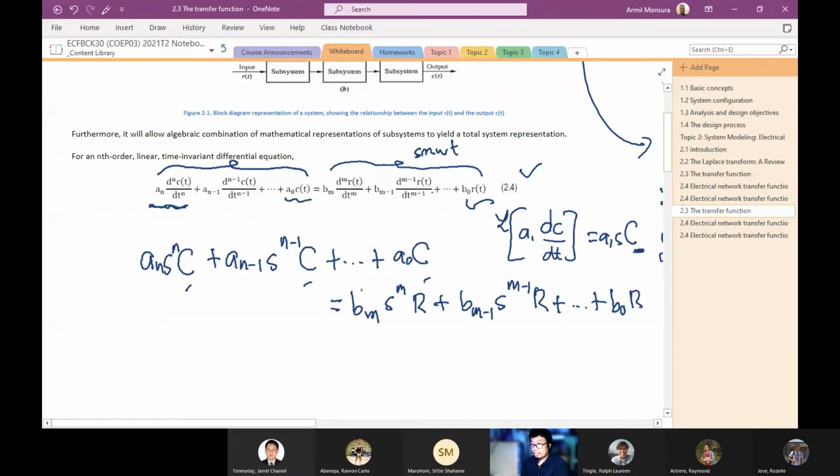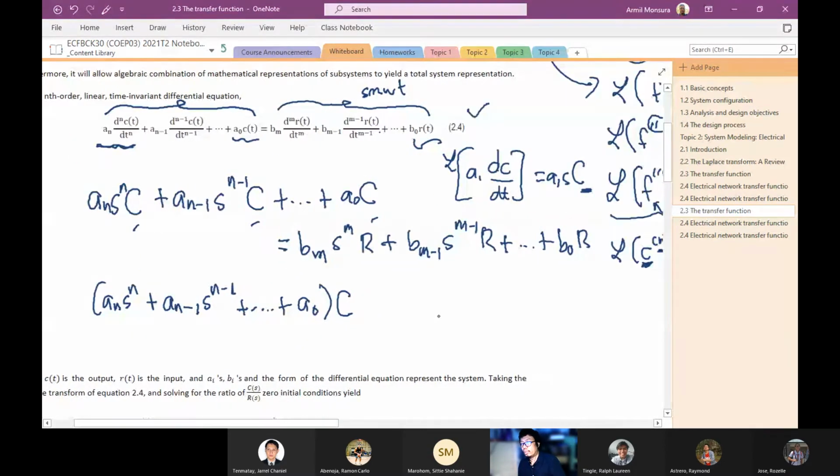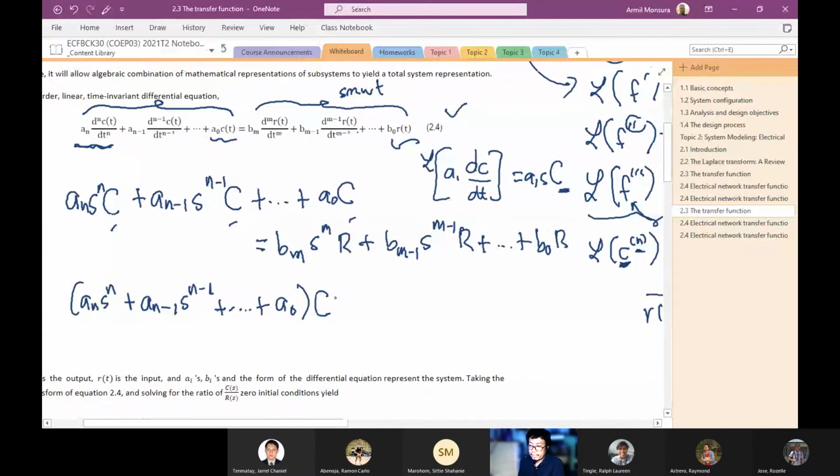So I can actually factor that function out of this polynomial, producing a sub n times s raised to n plus a sub n minus 1 s raised to n minus 1 plus, until doon sa dulong term which is a sub 0, and then all of those are multiplied by the function C. Okay? So, ayun. On the right side naman, ganun din.